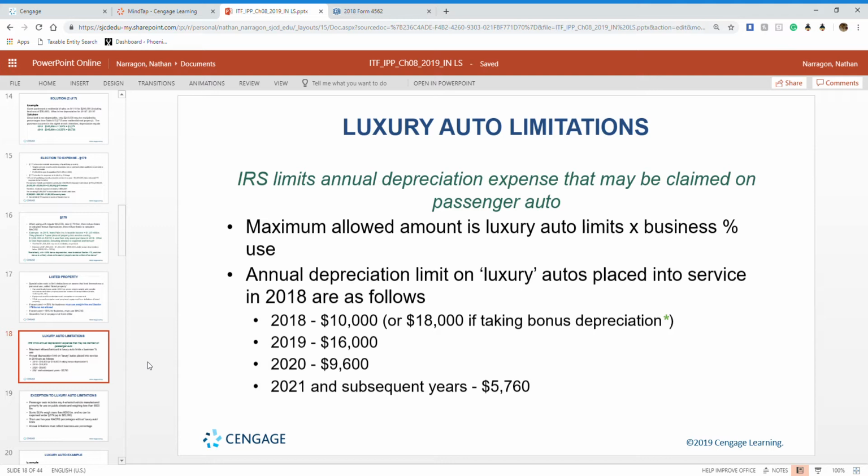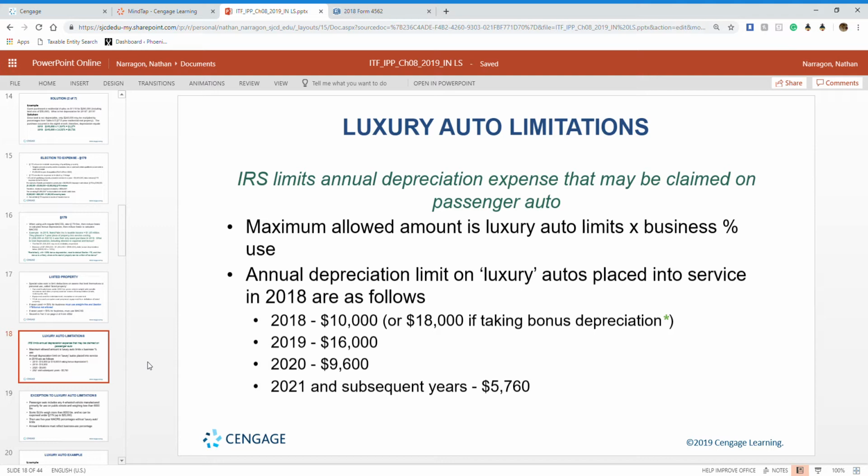This is actually happening a lot. The maximum allowed amount is the luxury auto limit times the business use percentage. So if it's used for 100%, we can take the whole thing. If it's not, then we have to multiply the rate by the percentage.